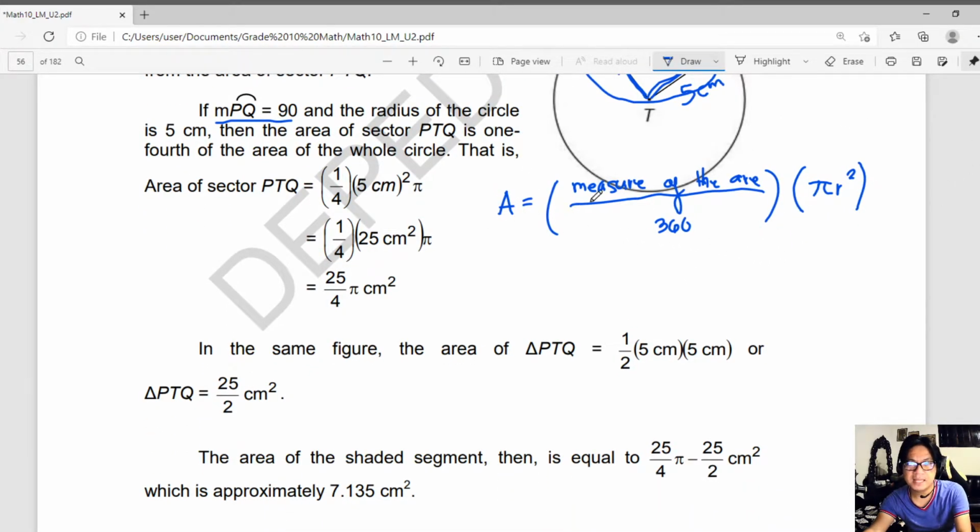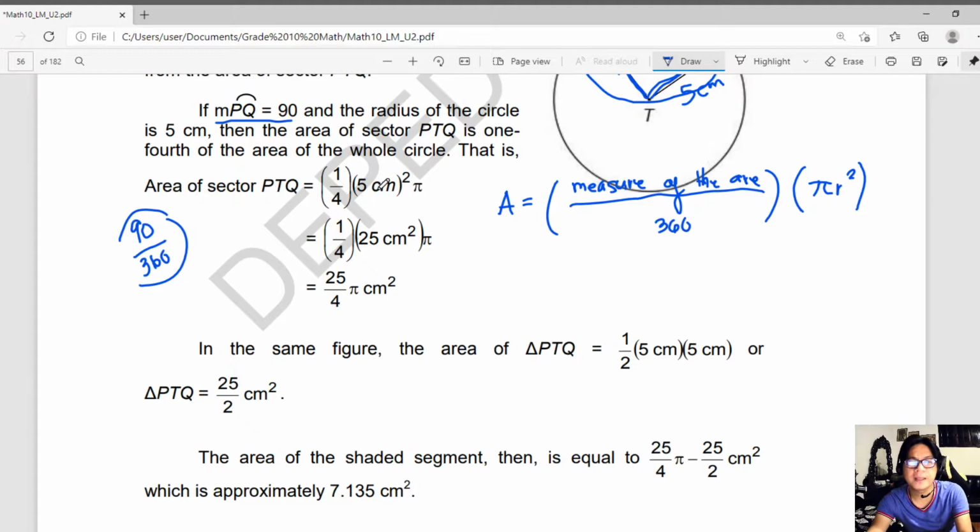First, let's find the area of the sector. Why is it 1/4? Because the measure of our arc is 90 over 360, and the lowest term for 90 over 360 is 1/4, because both numbers can be divided by 90. 90 divided by 90 is 1, 360 divided by 90 is 4.